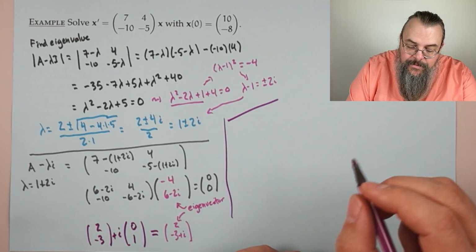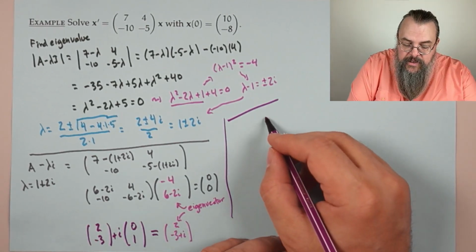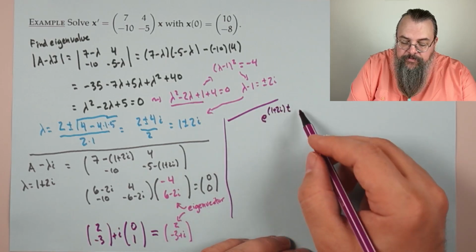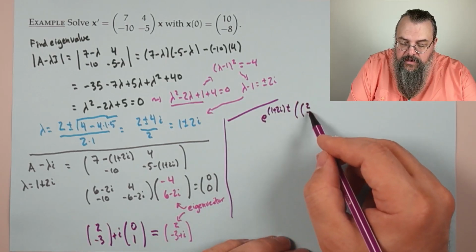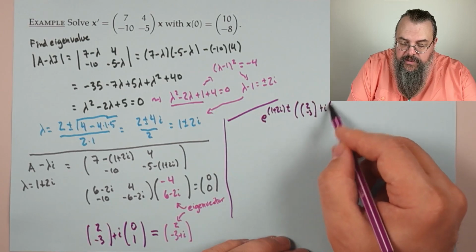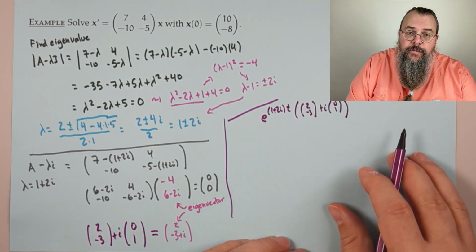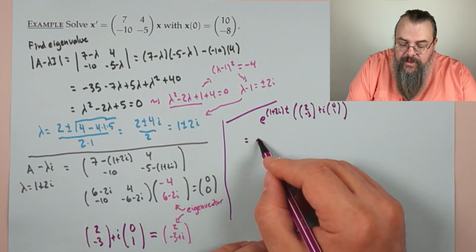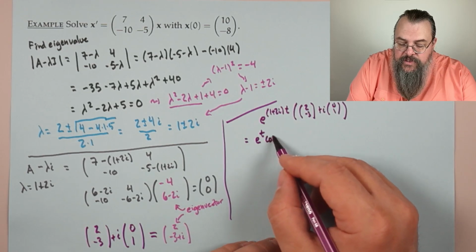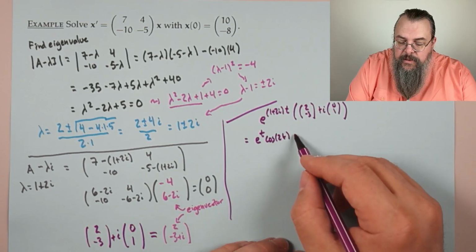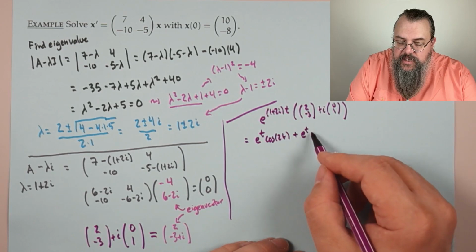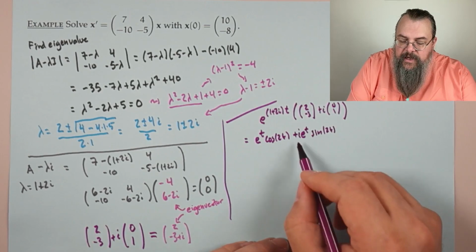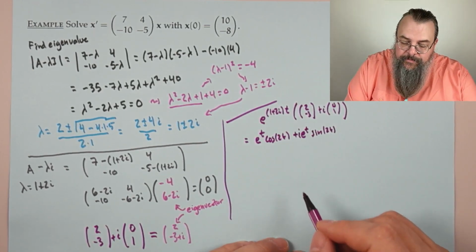All right, so here we go. We're going to take our e to the 1 plus 2i t times our eigenvector pulled apart. But of course, what we really do is rewrite this part. So this is the same as e to the t cosine 2t, plus i e to the t sine 2t.